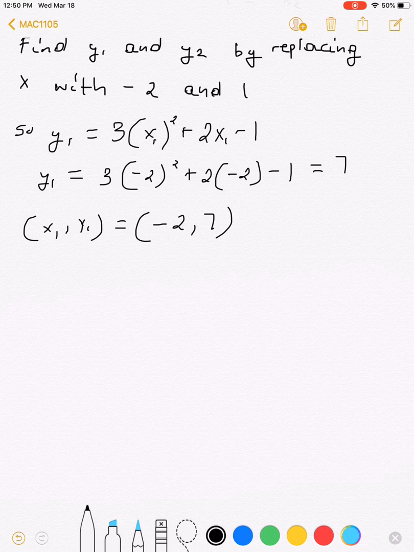To find y2, we're going to do the same thing. We're going to use the equation of the given function, and we're going to replace x with x2.